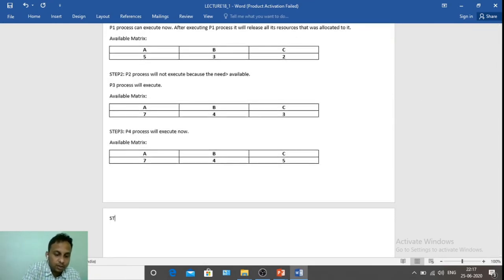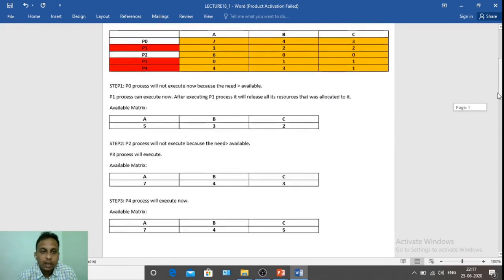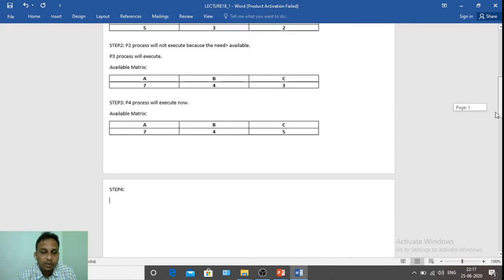As we can see, our available is 745, and P0 requires 743. So P0 will execute now.